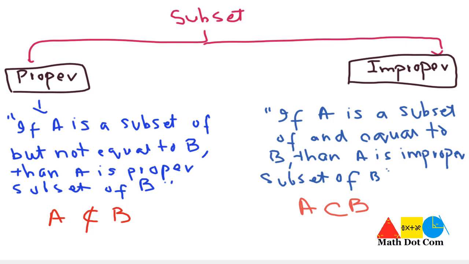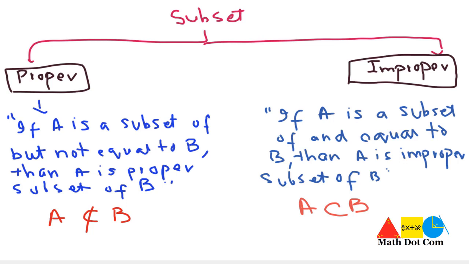If you are given two sets and you want to check whether they are proper or improper, you can do it by checking the definitions one by one.